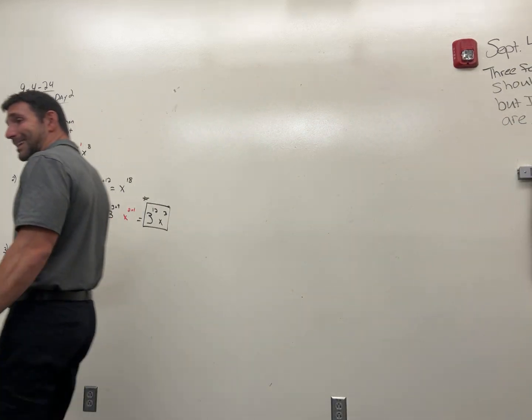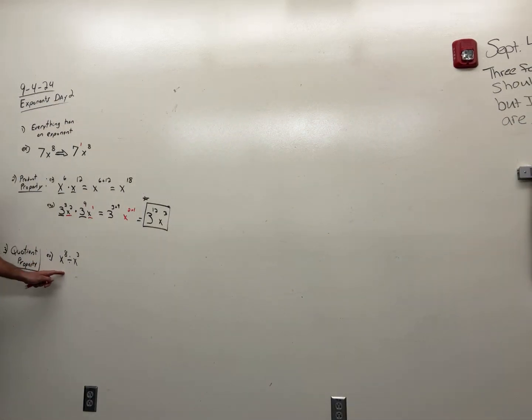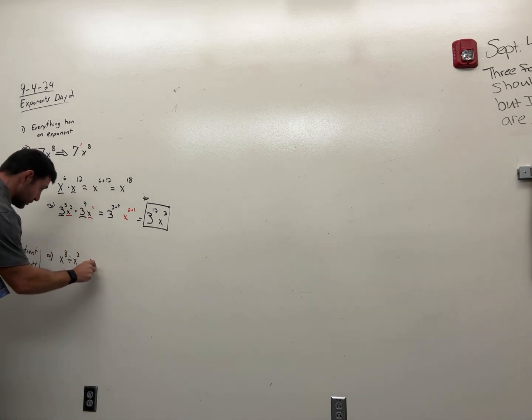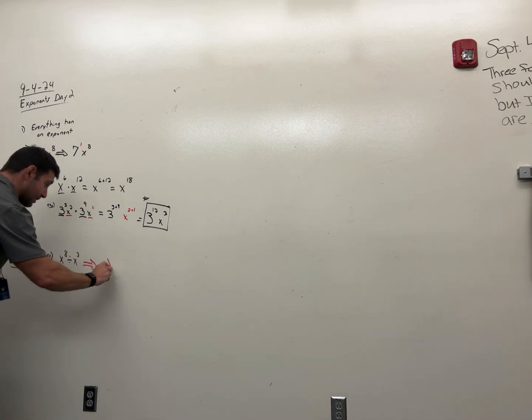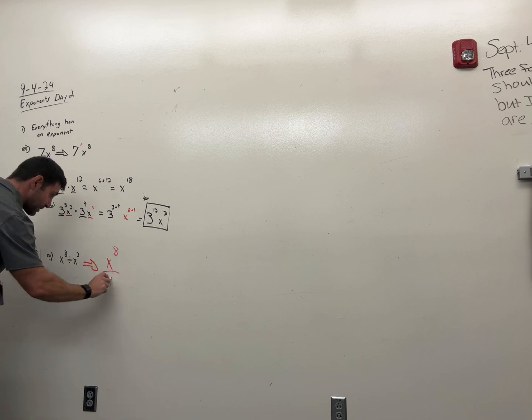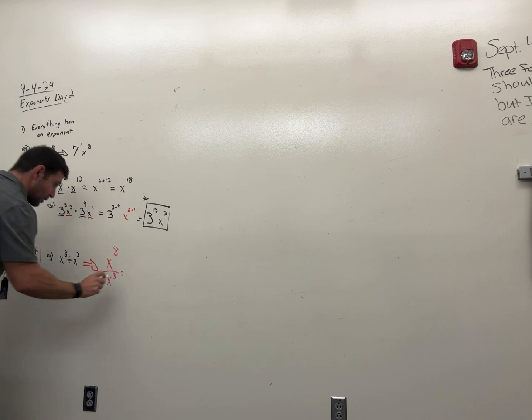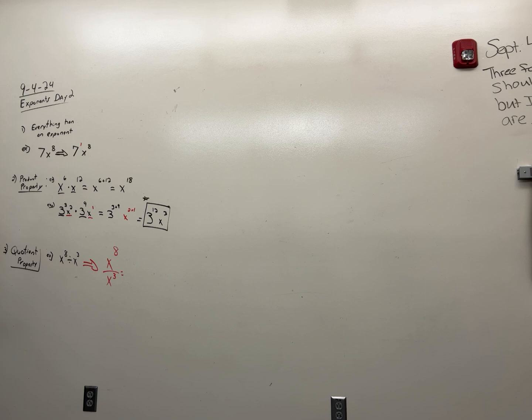So, I don't like seeing it like this. I would suggest if you see a division problem that's horizontal, change it to vertical. So x to the 8th divided by x to the 3rd. The product property says find the bigger x. Where's it at? Top or bottom?